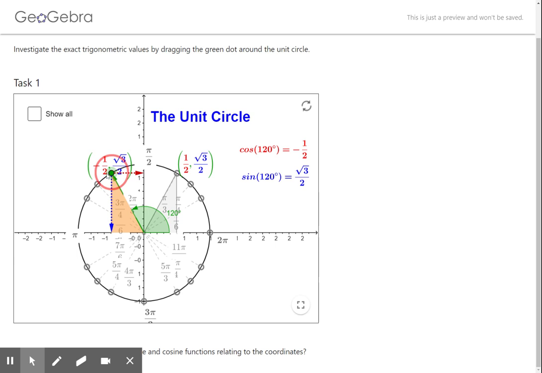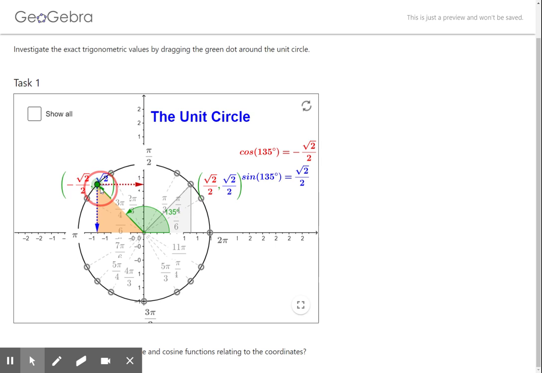And now we're going to create another special triangle. This will be the 45, 45, 90 triangle. And we can see that, hopefully when we get it, there we got it, okay, that similarly, this angle is now 135 degrees.